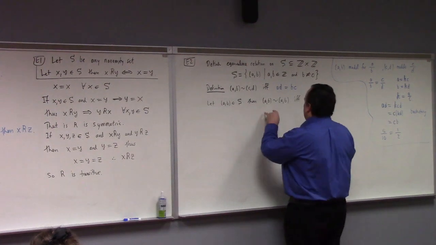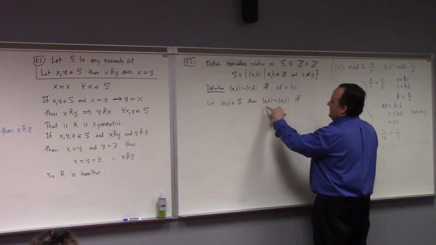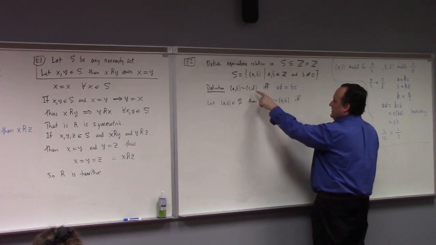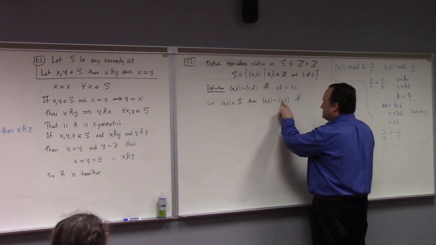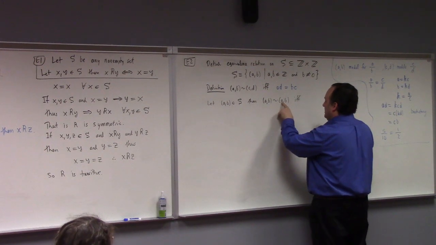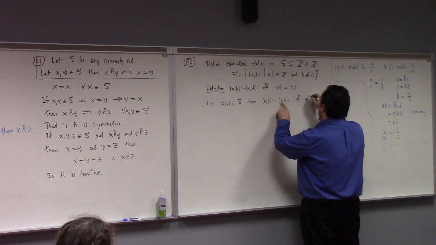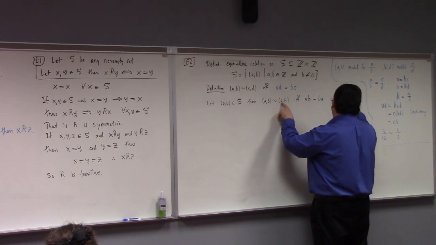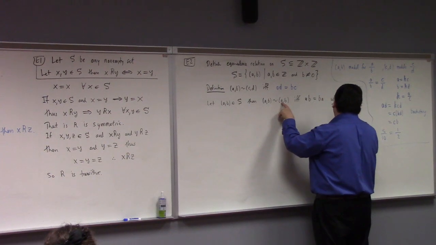Here we have to understand what we're doing. This has C equals A and D equals B, right? So this would become AB is equal to BA, which is true since multiplication in the integers commutes, right?